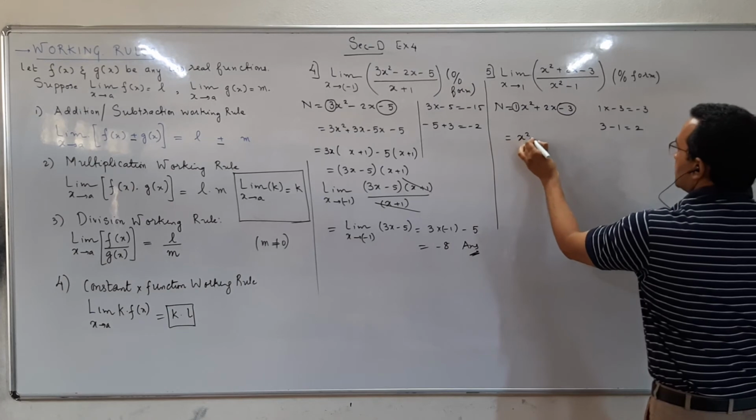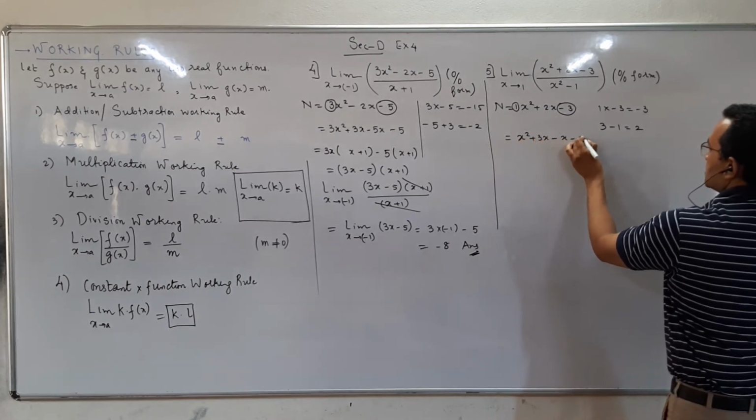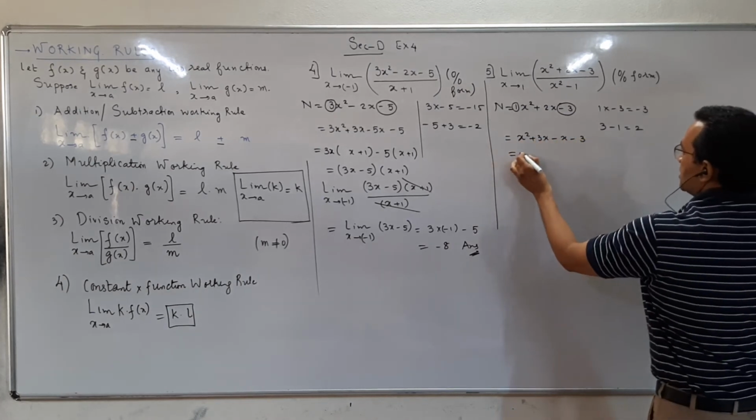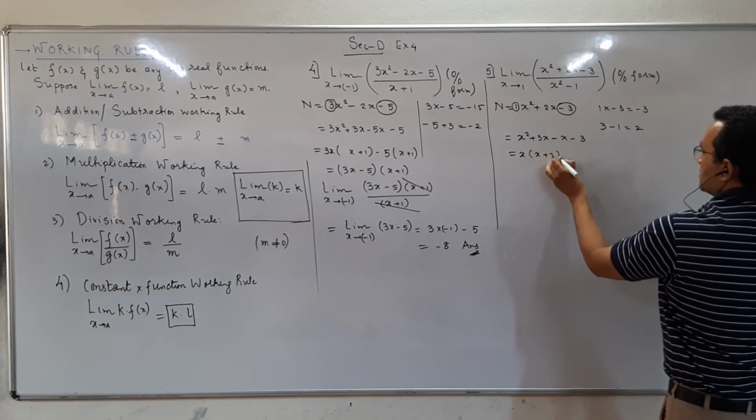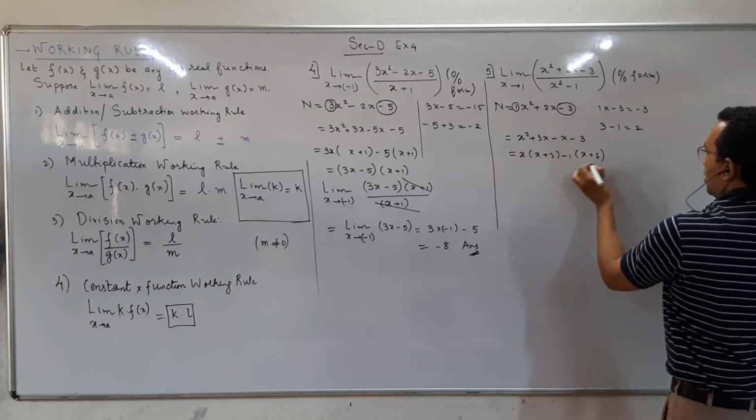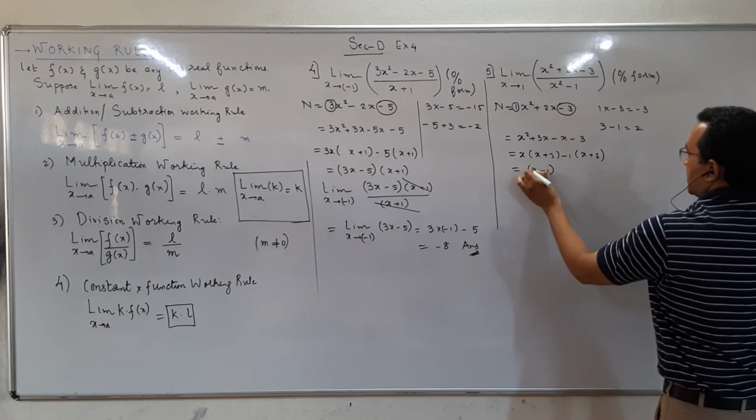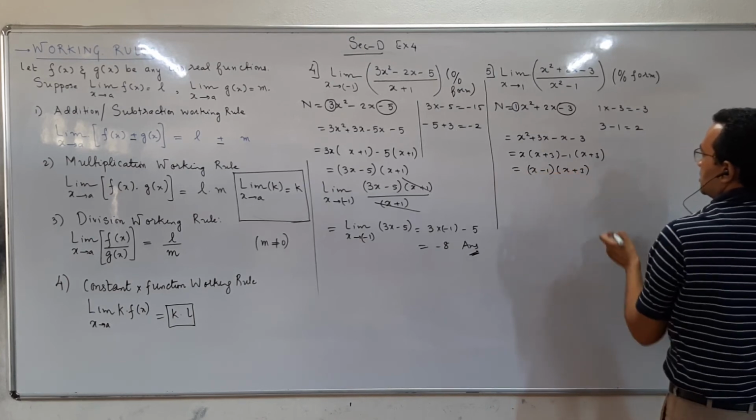So this is written as x square plus 3x minus x minus 3. Take x common, x plus 3, take minus 1 common. So the factors are x minus 1 and x plus 3.